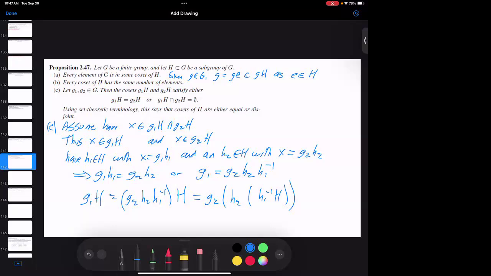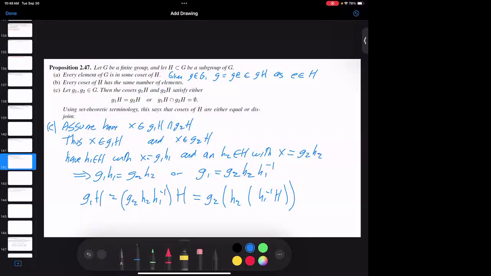If life was good, what coset would it be? You take something in H, you multiply it by h inverse, and it lives inside H. So if you take a subgroup and you multiply it, if life were good, can you think of anything that has the same number of elements as H?